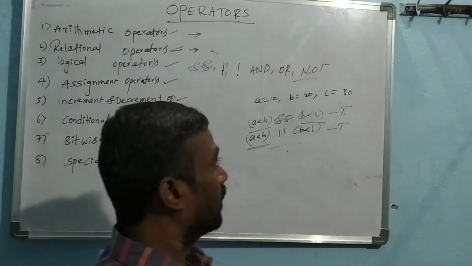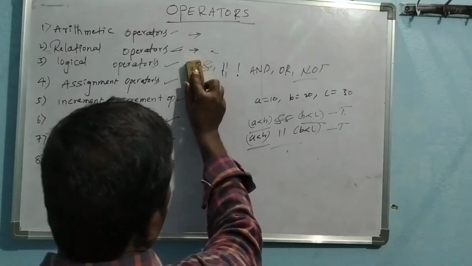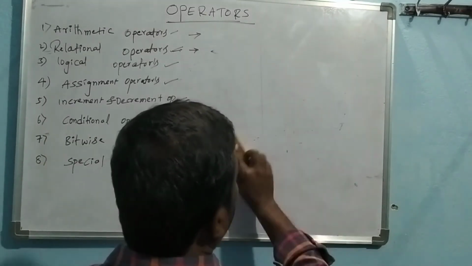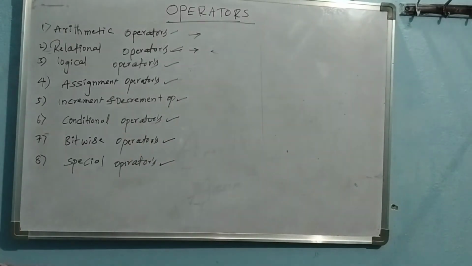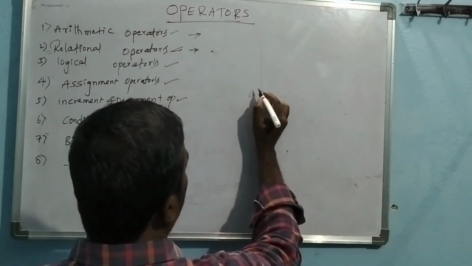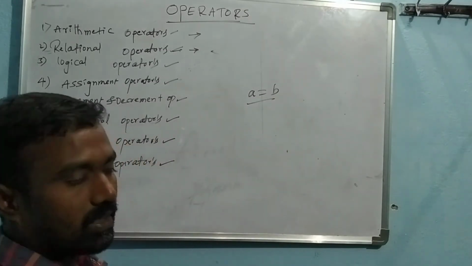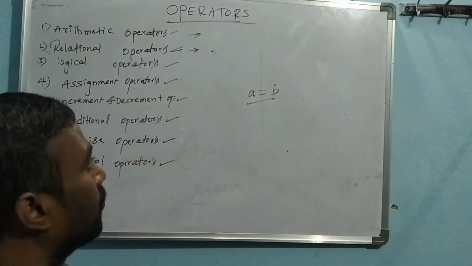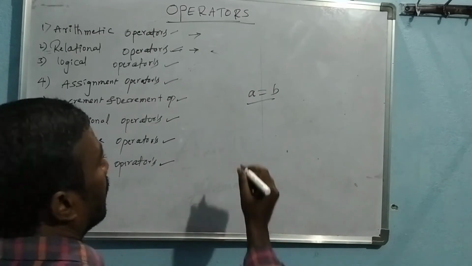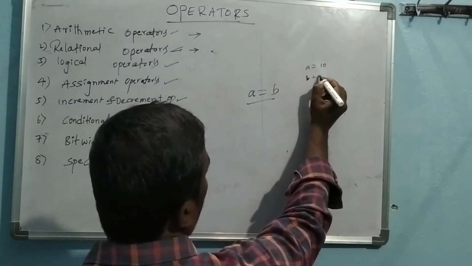The next operator is the assignment operator. We just discussed it. What is an assignment operator? Whenever we write A equal to B, according to mathematics this is an equal condition. For example, A equal to 10 and B equal to 20.